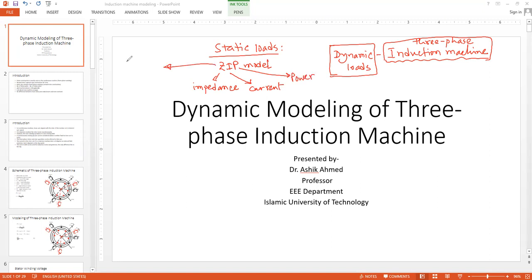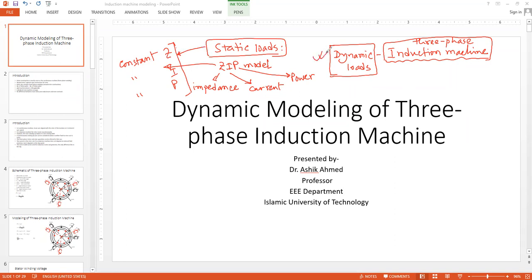In short, we call them constant load models. So we call it constant impedance, constant current, or constant power loads. So basically, the static models could be treated as any of these three types.